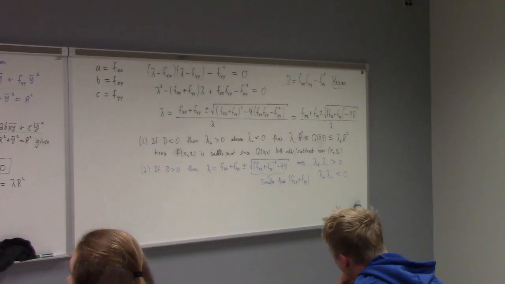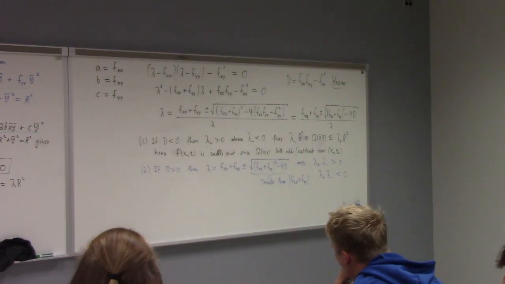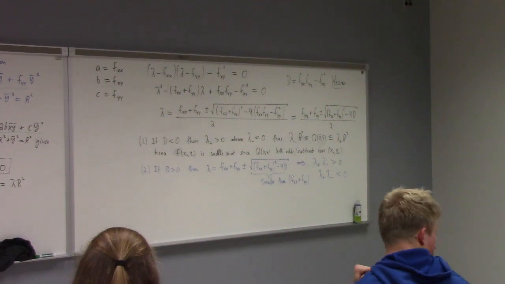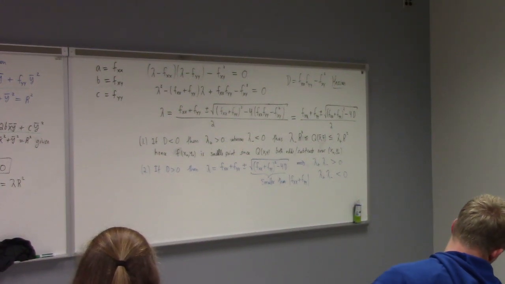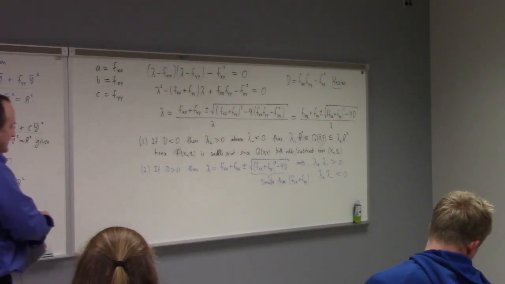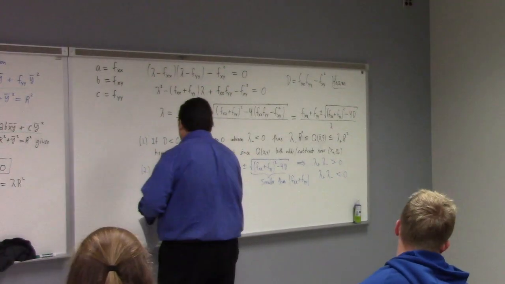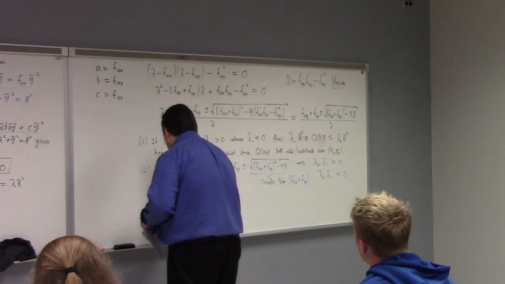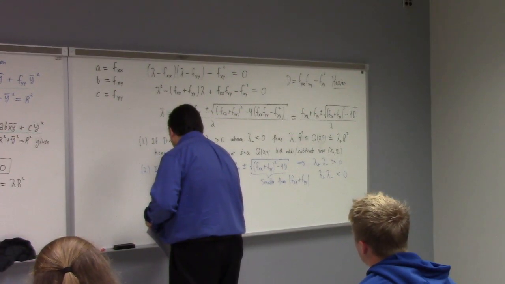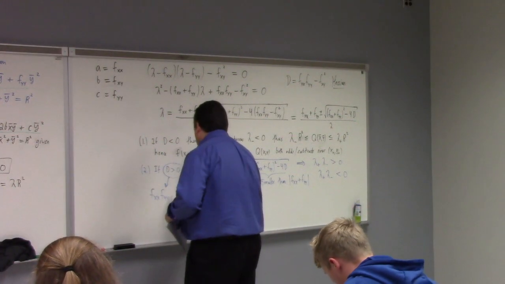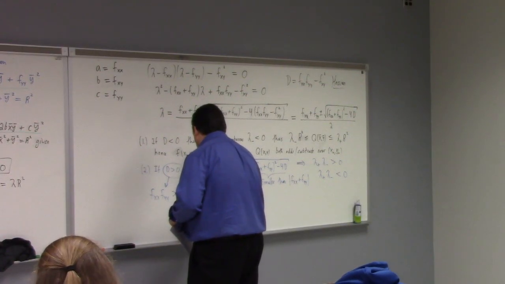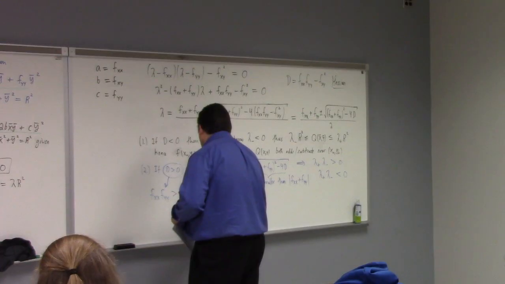So that's why I say in the notes, if D is positive, then, oh yeah, I need to think about what D positive means. That's what tells it. D positive means what? fxx fyy is greater than fxy squared, right?